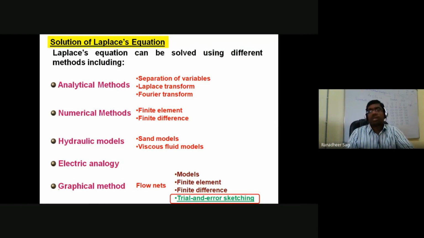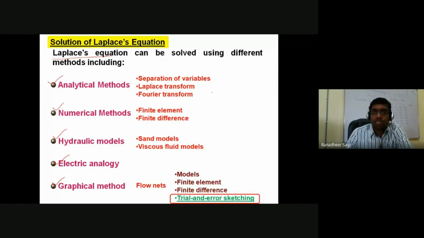The problems related to all these cases can be solved by solving this Laplace equation that we have got here. In the process of solving this Laplace equation, we have different solutions available.